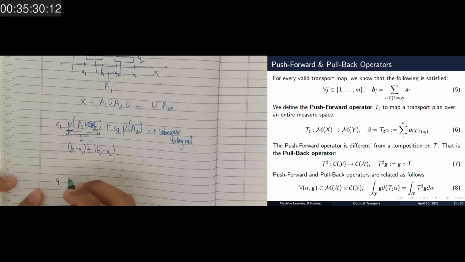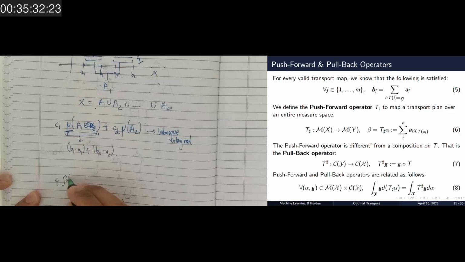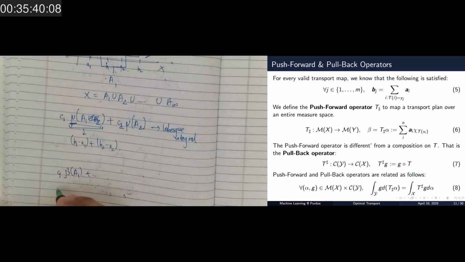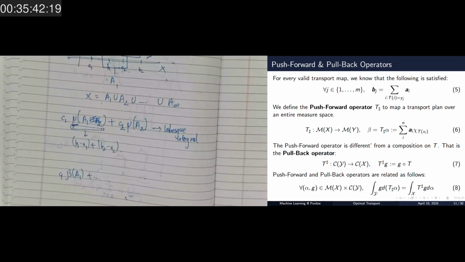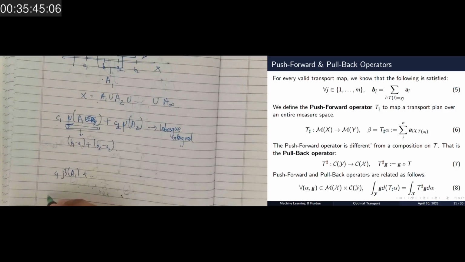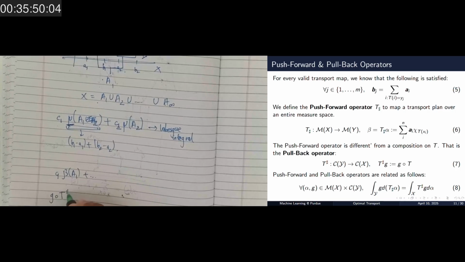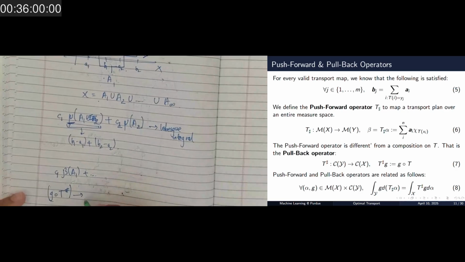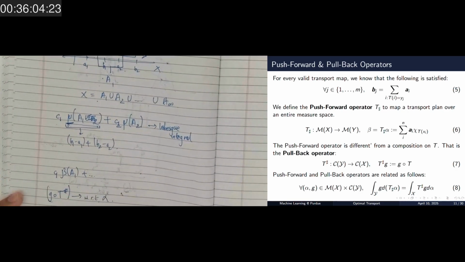So we are doing C1 and C1 beta A1 and so on and so forth in the language of this first bit equation, and then the other equation over here is basically we are composing a function before G. So we are doing G compose some pullback operation, and the range of this is basically what we are integrating over with respect to the original measure alpha.